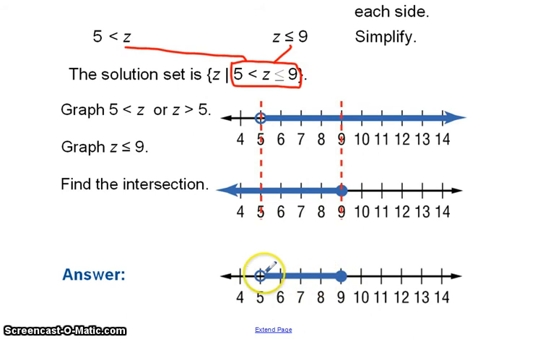So here's your solution set right in here. This would be your graphing part, and then if you wanted to rewrite it as a compound inequality, you would write it like this. Okay, let's take a look at your example problem.